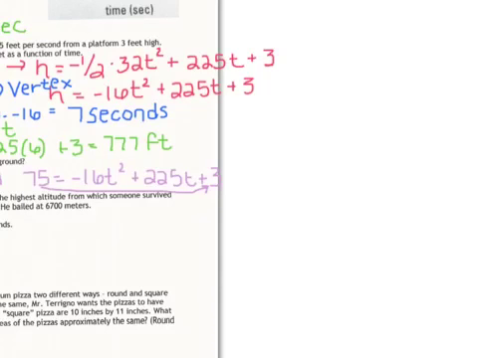Okay, so b squared minus 4ac all over 2a, which is 2 times negative 16.